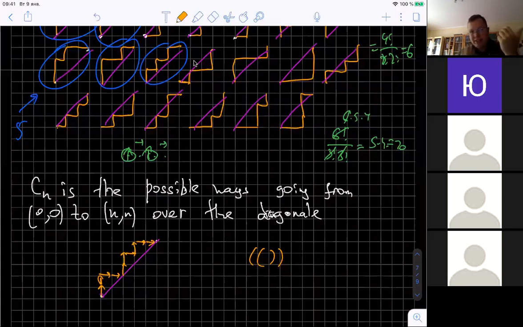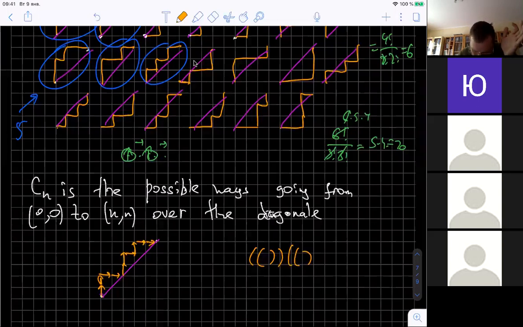So the condition that this way is over the diagonal means that we'll have the correct placing of the brackets.